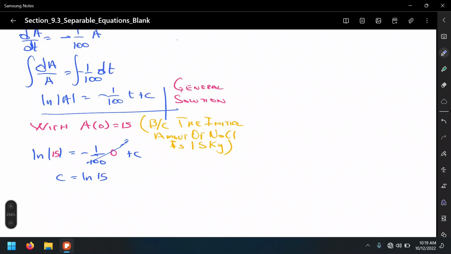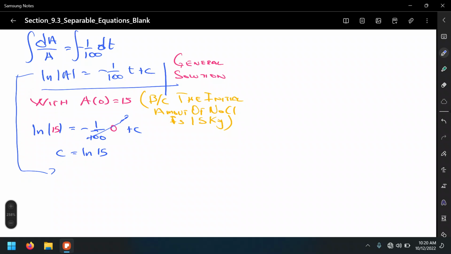All right, we may go back to the general solution and plug in ln of 15 for the constant of integration. That is ln of A equals -1/100 t plus ln of 15. This is not anymore a differential equation. This is already the solution.